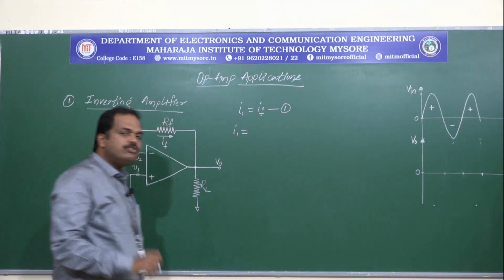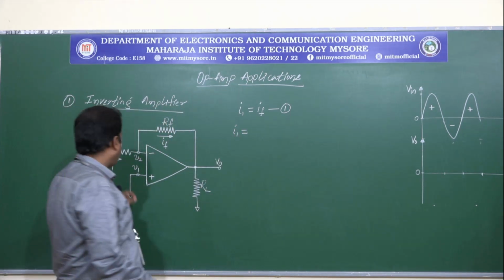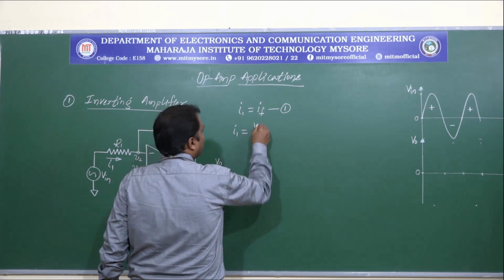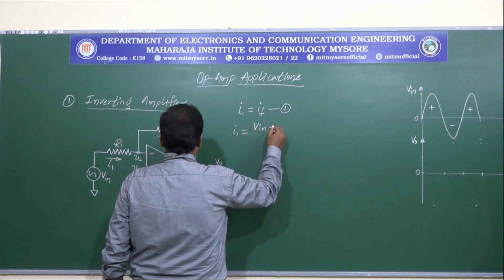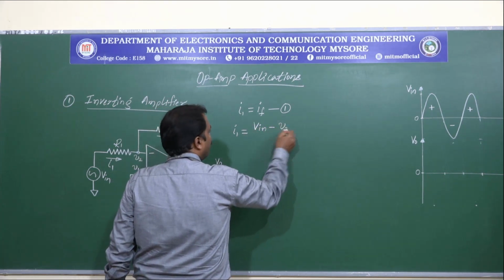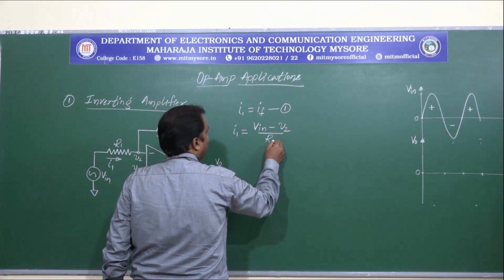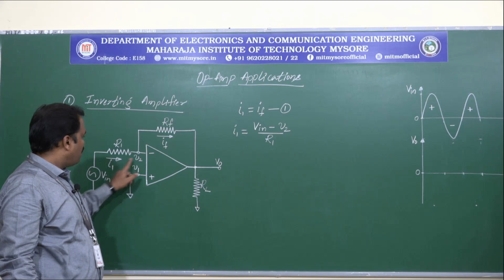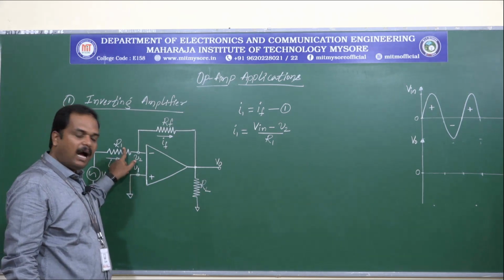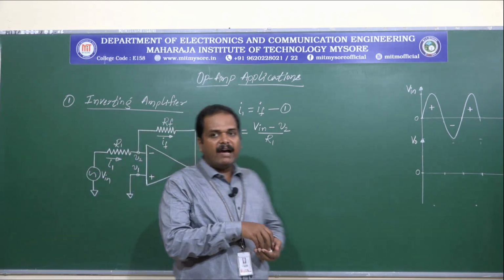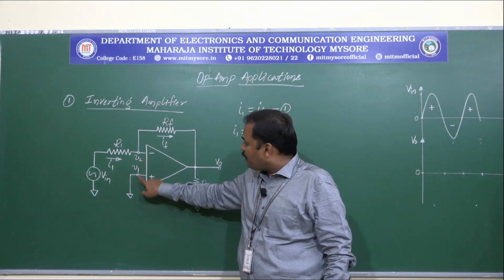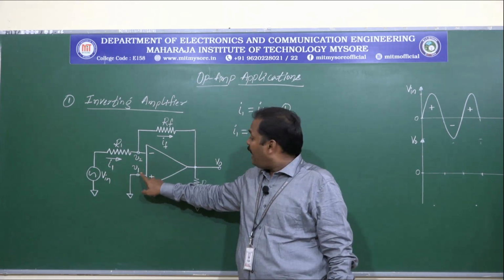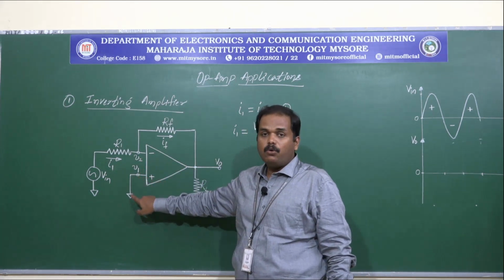I1, using Ohm's law, can be written as Vin minus V2 divided by R1. And here we have V2, which is virtually connected to V1, and V1 is connected to ground.